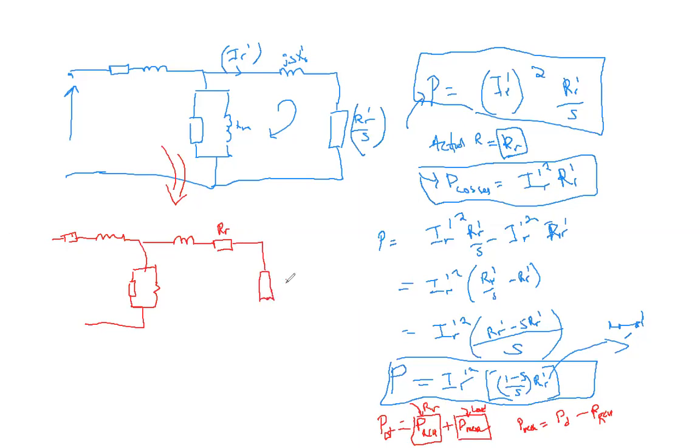But our load is (1 minus S) over S, because that represents what was really lost, what really went to mechanical power. So what was lost is here, and then here we have the reactive components, and then here we have I_R. So this is representing our load.